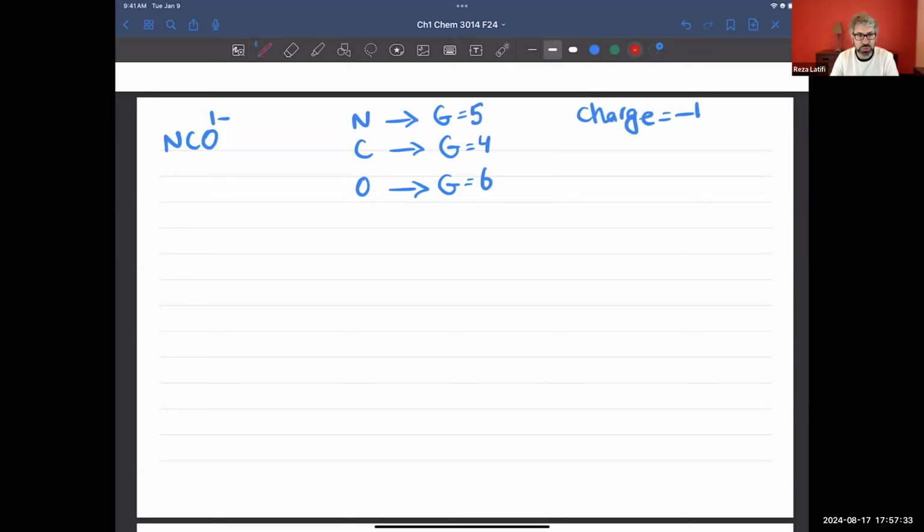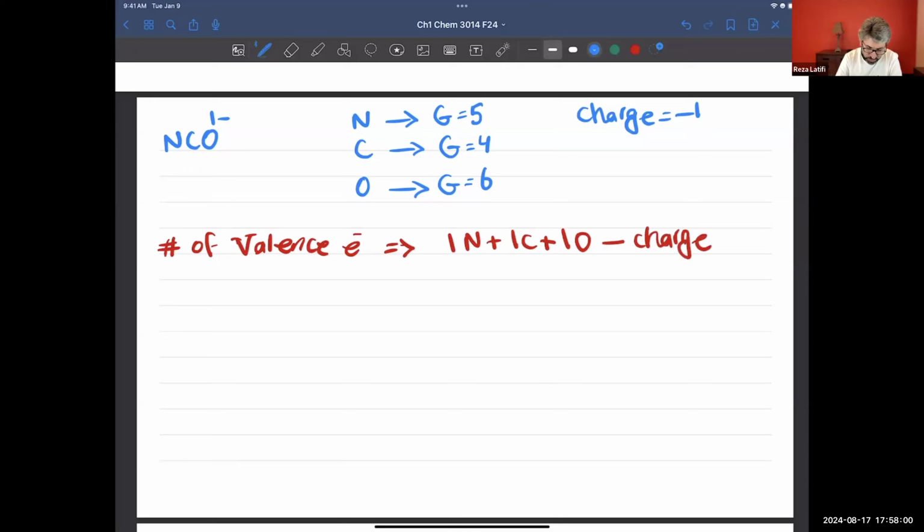So in order to draw a Lewis structure of this species, we need to know the total valence electrons. Okay, so we're going to start with the total number of valence electrons. We see 1 nitrogen plus 1 carbon plus 1 oxygen minus the charge.